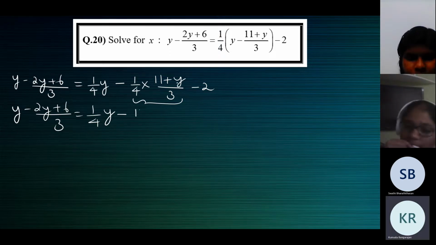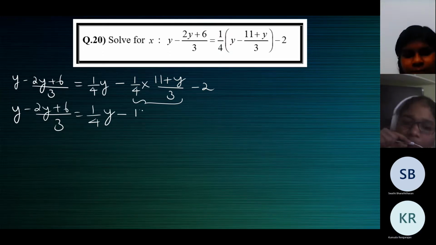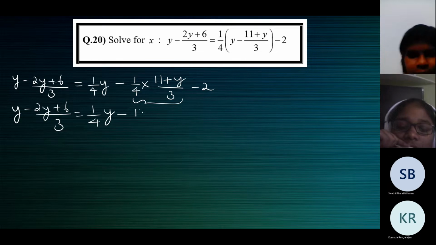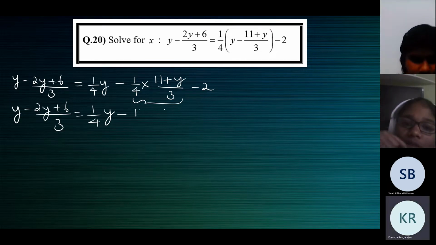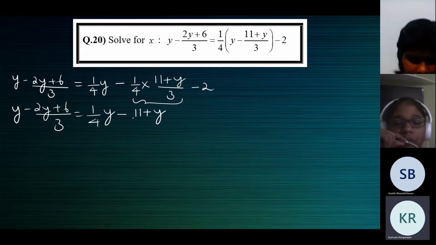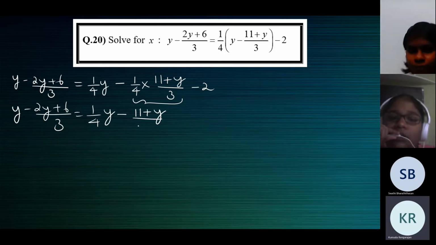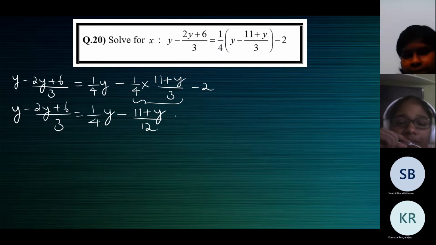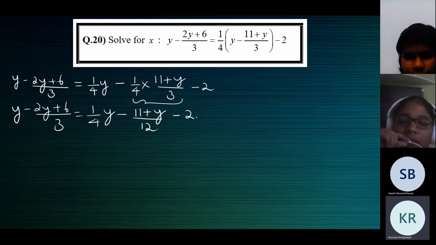Yes or no? What is 1 into 11 plus y? What is 1 into anything? Same thing, so we'll write the same thing, 11 plus y. What is 4 into 3? 12. Next, minus 2.